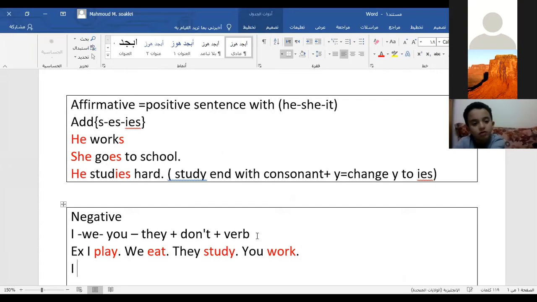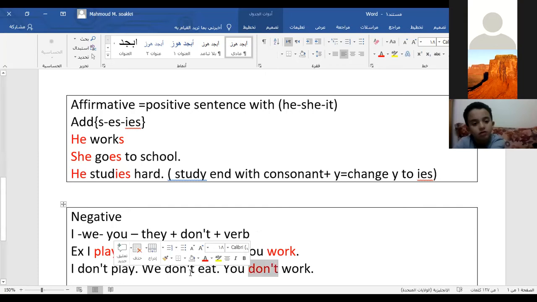I play, it will be I don't play. We eat, it will be we don't eat. You work, it will be you don't work. So we use don't plus the verb.